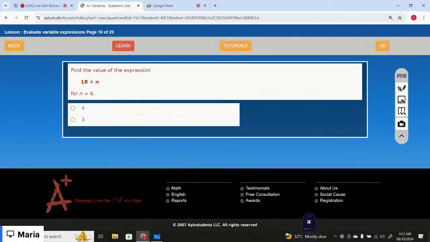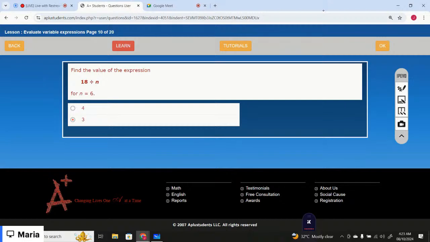Find the value of the expression 18 divided by n, which is the correct option? 18 divided by 6 equals 3.